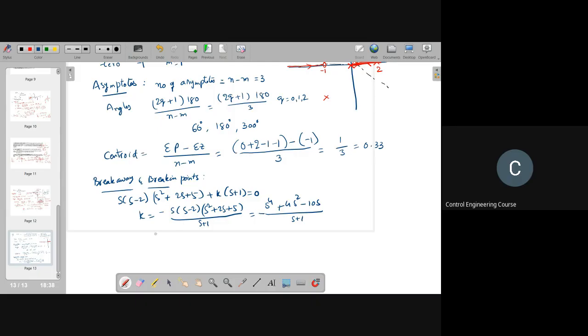Now dk by ds gives (s plus 1) whole square in the denominator, and the numerator is (4s cube plus 2s minus 10) into (s plus 1) minus (s power 4 plus s square minus 10s) equal to 0.